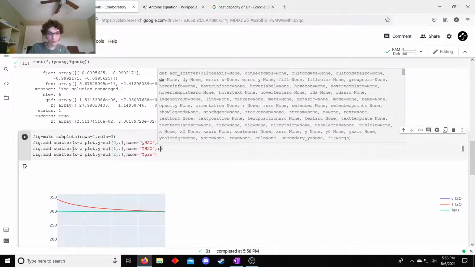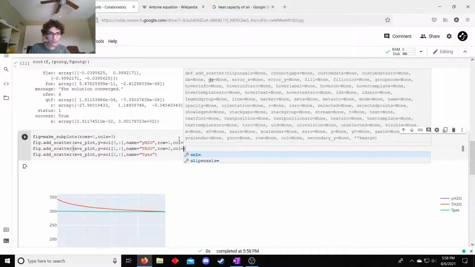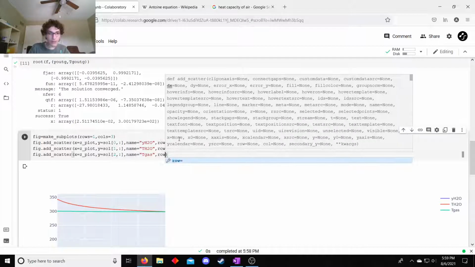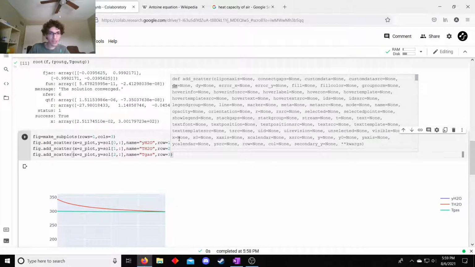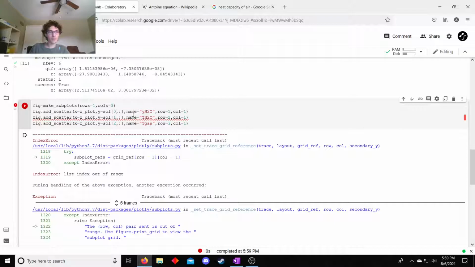From here I'll say row equals 2, column equals 1. And here I'll say row equals 3, column equals 1. So it'll put each one in a different row. Okay. Let's see what happens.